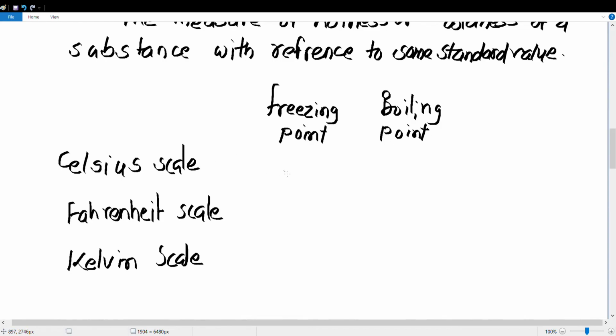According to the Celsius scale, the freezing point of water is at 0 degree Celsius. In the Celsius scale, we measure the temperature in terms of degree Celsius. In the Fahrenheit scale, we measure in terms of degree Fahrenheit, and in the Kelvin scale, we measure the temperature in terms of degree Kelvin. In the Celsius scale, the freezing point of water is at 0 degree Celsius, and the boiling point of water is at 100 degree Celsius.